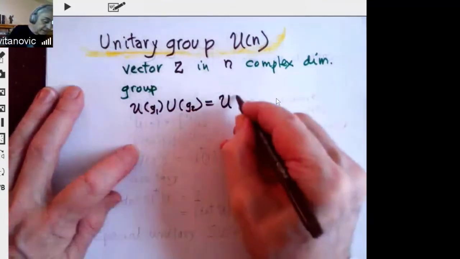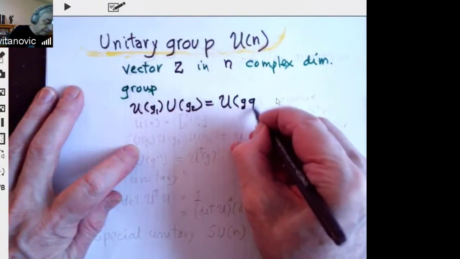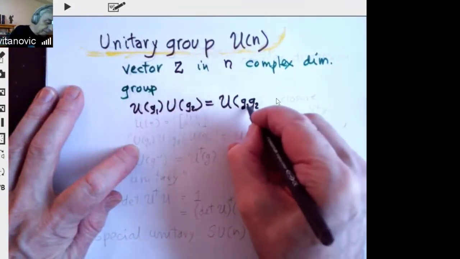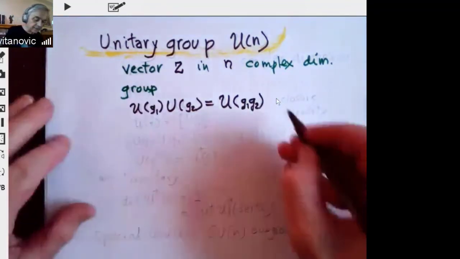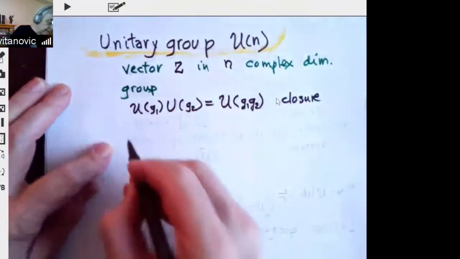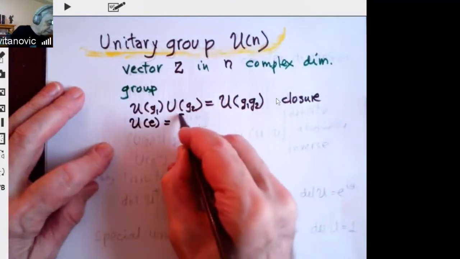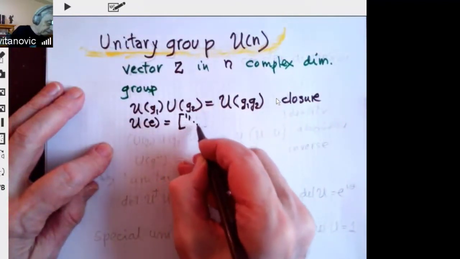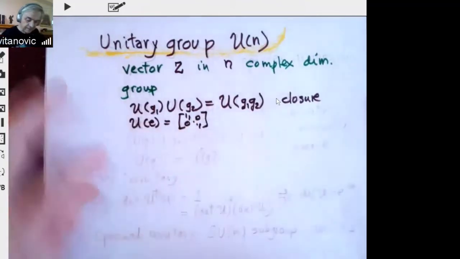And that one you associate, because it's supposed to be a representation, with the group elements applied in this sequence. So by construction, it has closure. Now, it always has an identity element, which is a diagonal matrix in d dimensions. So there is always an identity.